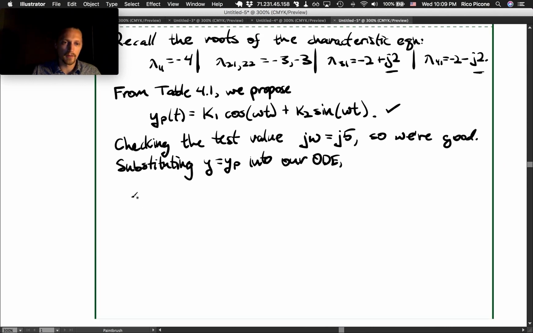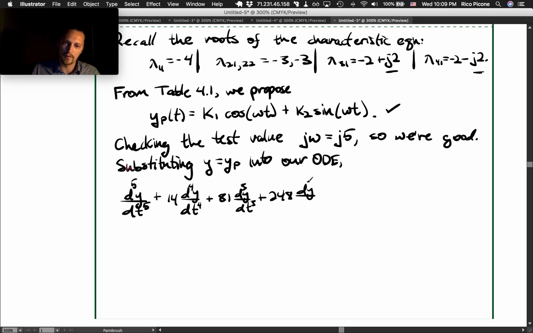So we just essentially rewrite the differential equation. So d to the fifth y dt to the 5, the fifth time derivative of y, plus 14 times the fourth time derivative of y, plus 81 times the third time derivative of y, plus 248 times the second time derivative of y, plus 408 times the first time derivative of y, plus 288 y.